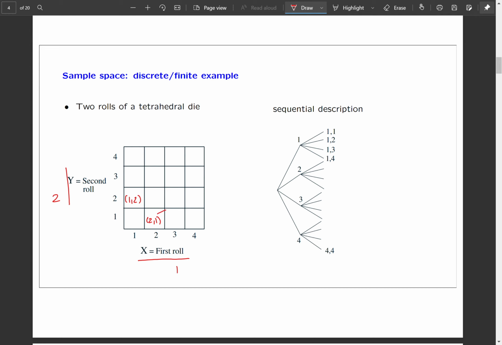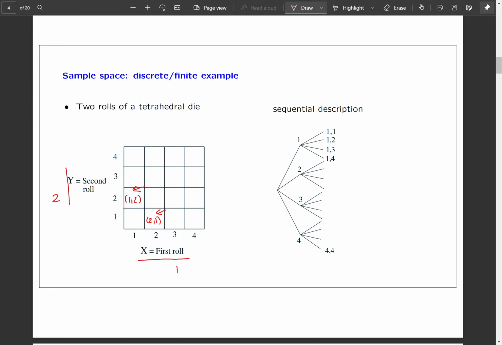In the second one, the first roll is 2 and the second roll is 1. So that's how we distinguish them. This means the first roll is 1 and the second roll is 2, but this means the first roll is 2 and the second roll is 1. Even though we have both roll 1 and roll 2, they occur in different sequence, and so they are distinct in this outcome space, sample space, and those outcomes are separated by a comma so that we know that they occur sequentially.